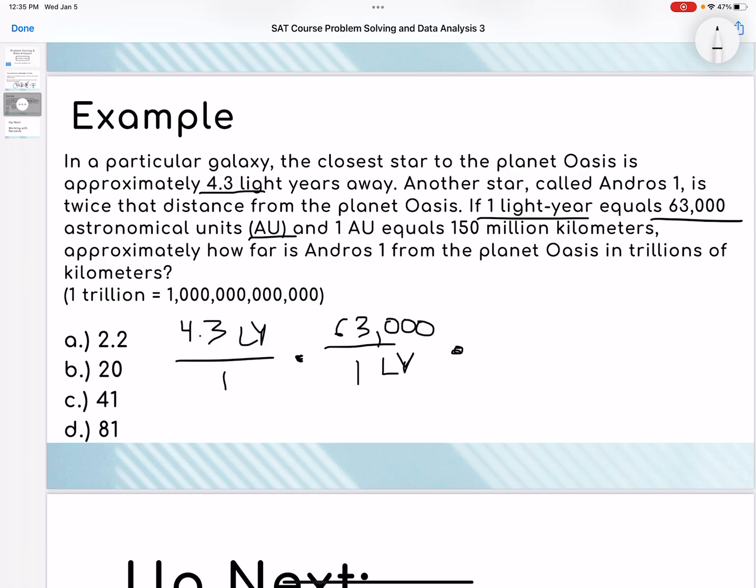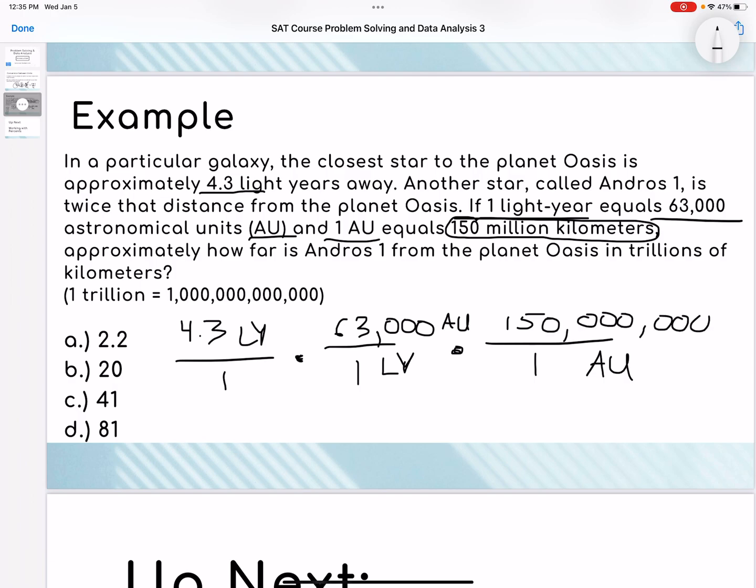So it would be equal to, and again, we're multiplying so that we can get our answer in a simplified final unit. Next, we know we want AUs to be on the bottom. So now it's going to be something AUs. And in that next line, we're told that 1 AU equals 150 million kilometers. So 1 AU is 150 million, like that.